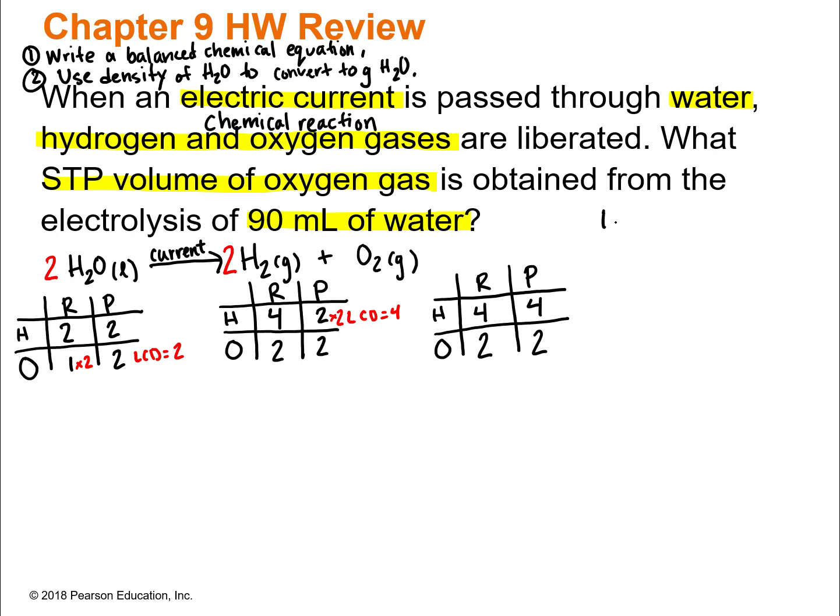The density of water is 1 gram per milliliter. So if you have 90 milliliters of water, you get 1 gram for every 1 milliliter.